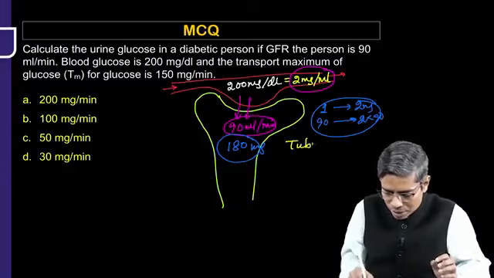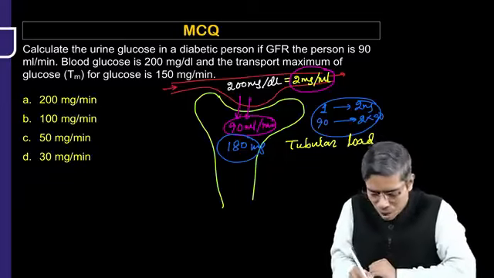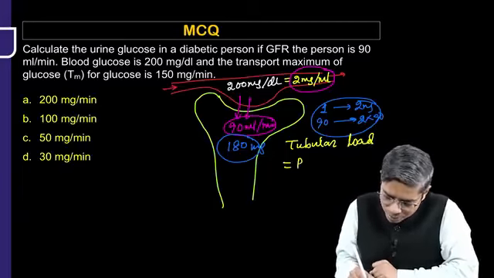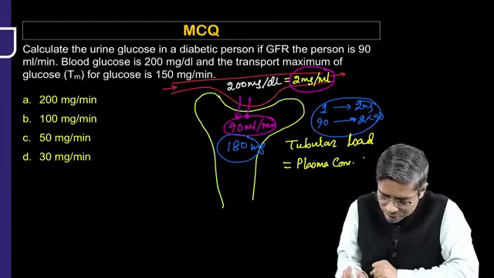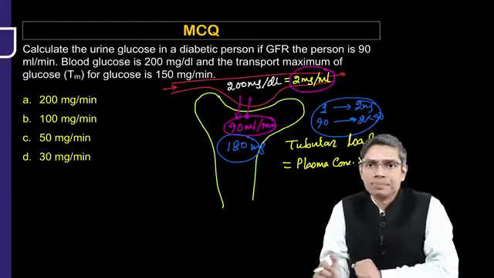So this is known as tubular load, means how much is the total amount of load on tubules. So how are we going to get this tubular load? We have to just multiply the plasma concentration of the substance with GFR. This is the formula for getting tubular load amount.